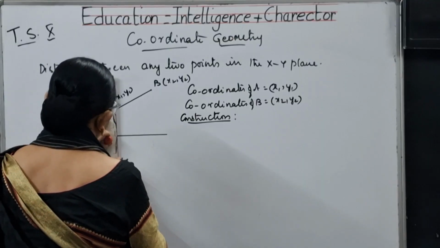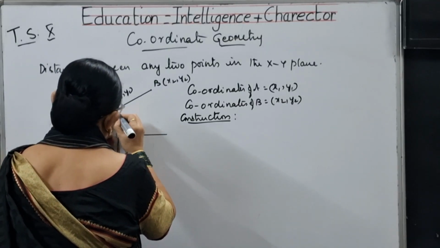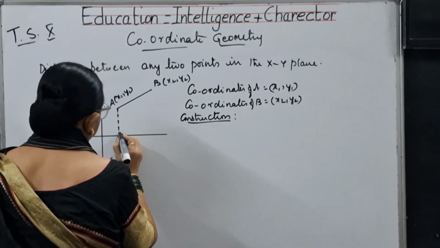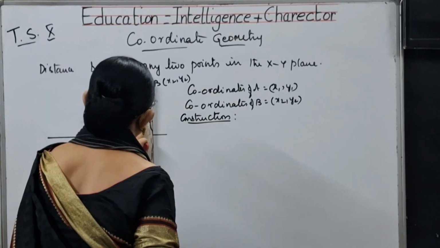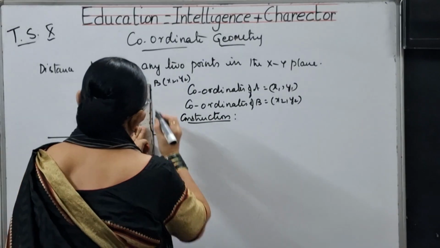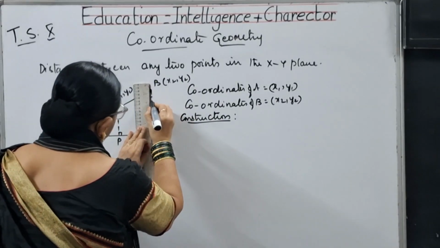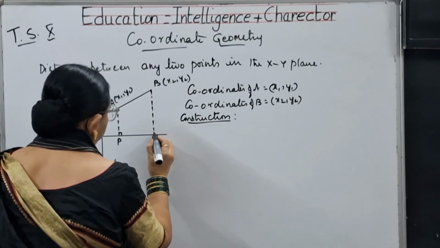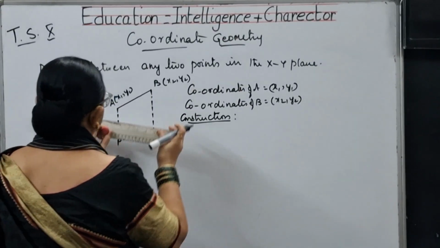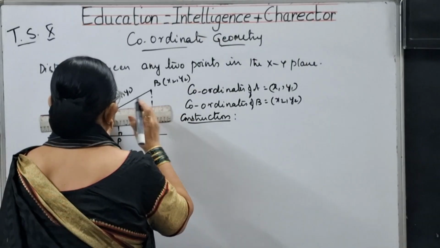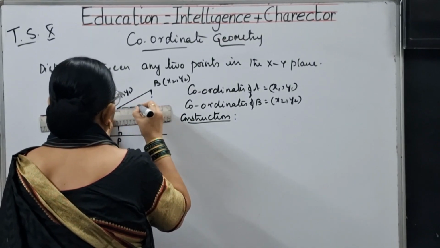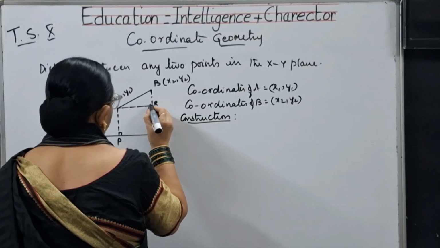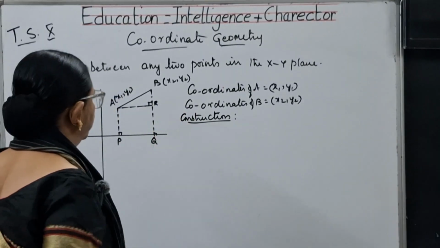You have to draw a line AP perpendicular to the x-axis and another line BQ, which is also perpendicular to the x-axis, and AR perpendicular to BQ.